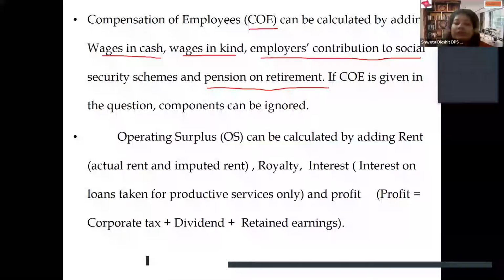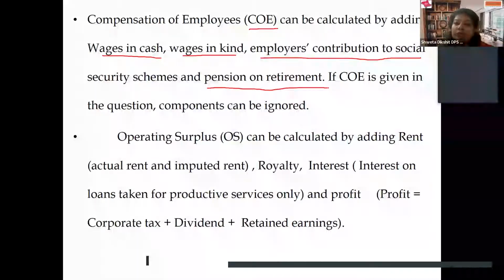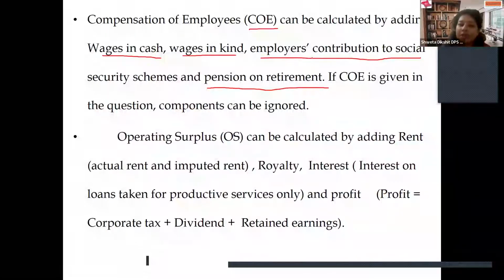This is very easy to identify, because most of the time COE is given directly in the question. You will be lucky if you get COE directly. If not, then you will get terms like wages in cash, wages in kind, employer's contribution to social security schemes, and pension or retirement.